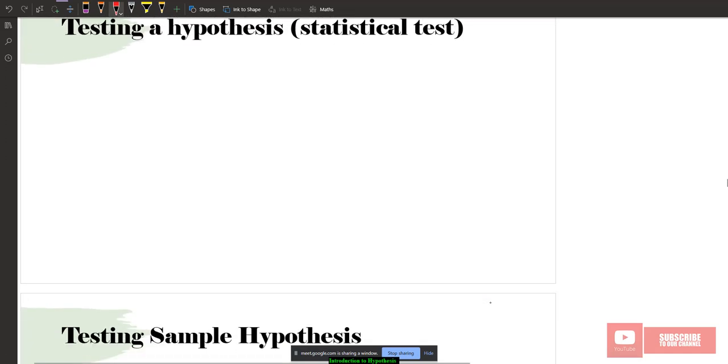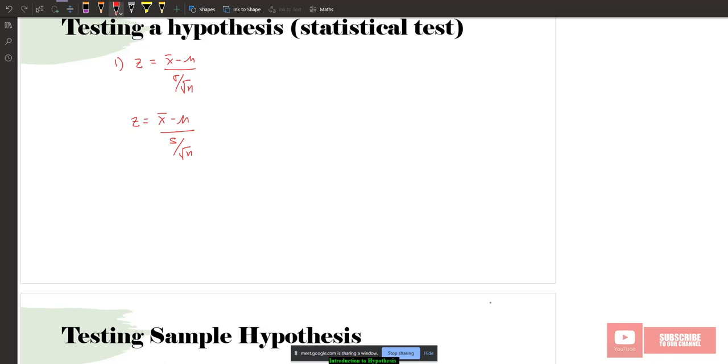In statistical tests, let's recall our knowledge from the previous topic. Let's say we have the Z distribution: Z is equal to x bar minus mu divided by sigma over square root of n. Another one is Z equal to x bar minus mu divided by s over square root of n.